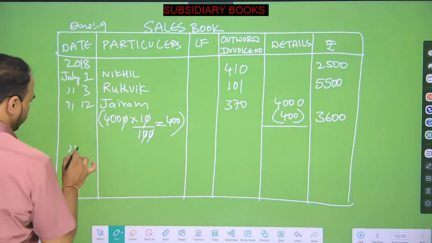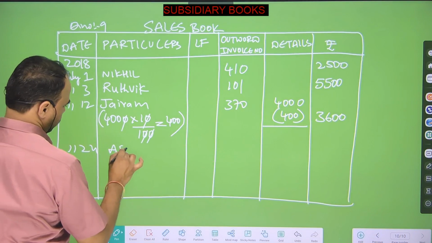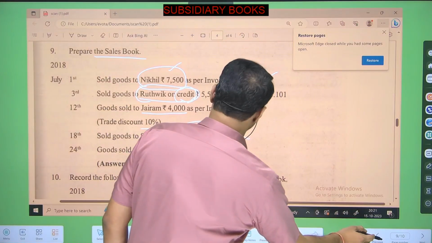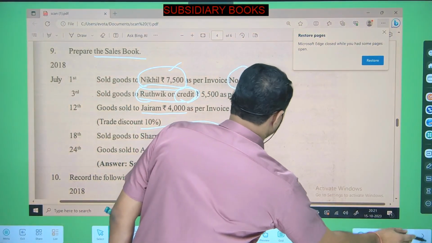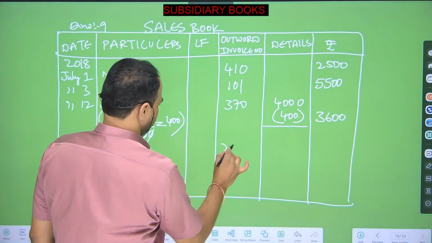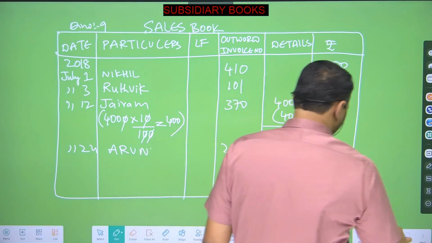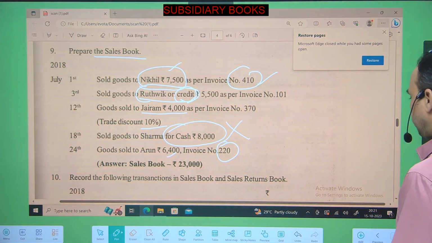So date 24th, Arun, and 6400 amount, bill number 220. With this, all transactions completed in question number 9.